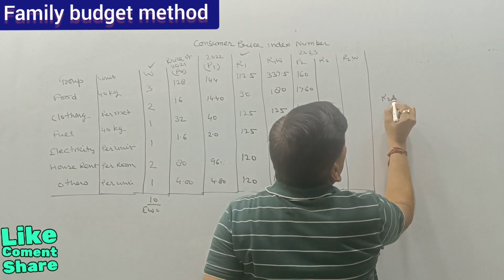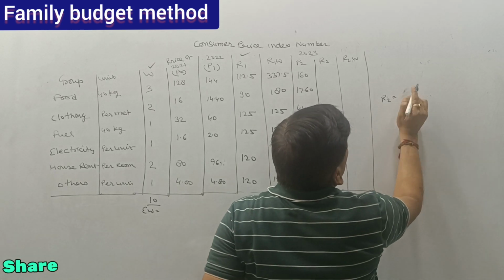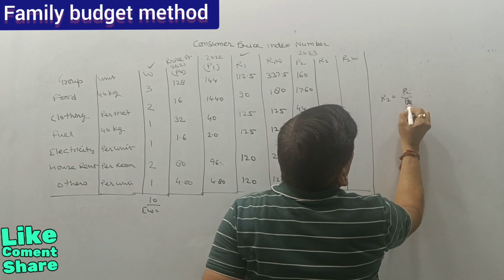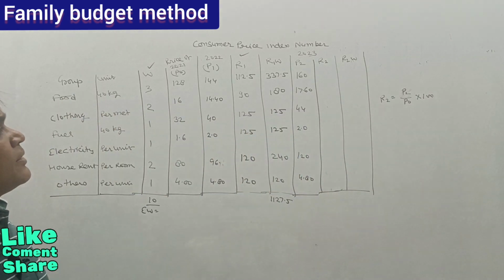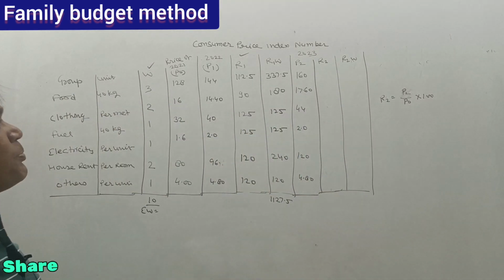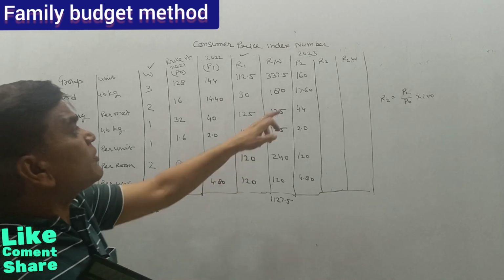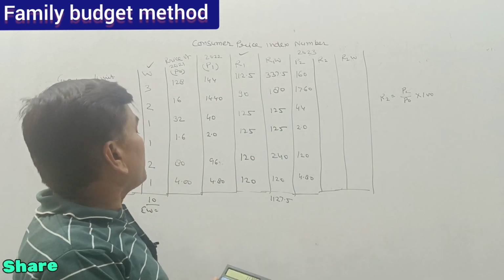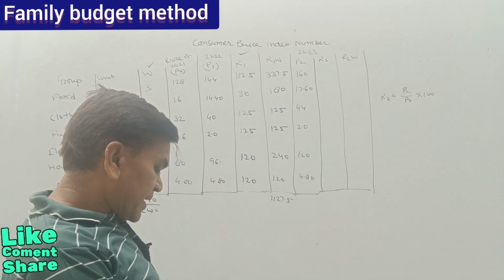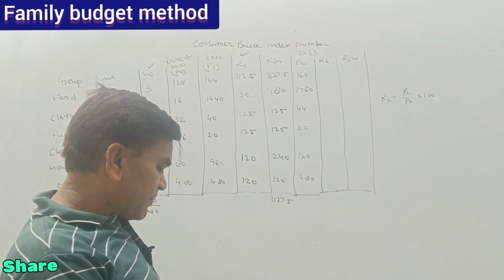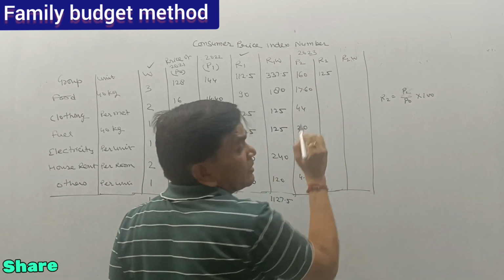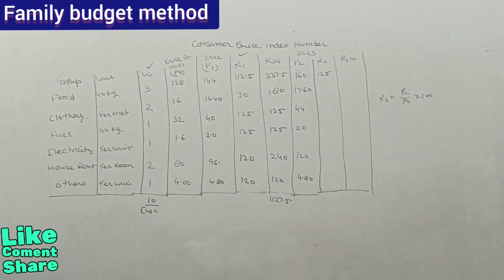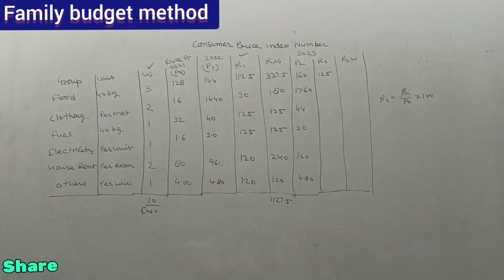R2 is P2 divided by P0 multiplied by 100. So P2 is 160 divided by 128 multiplied by 100. So the first is 125.